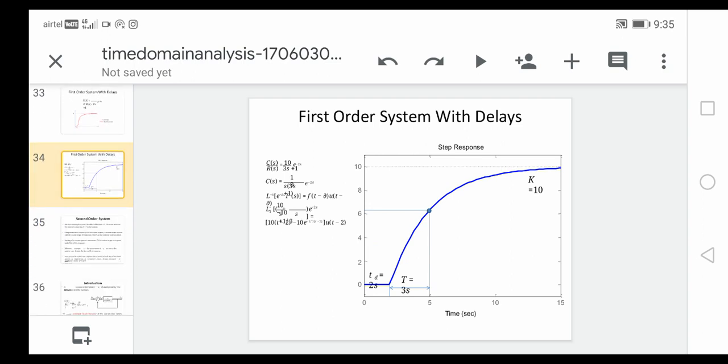That is the very simple first order system. First order system is nothing but C of s by R of s equal to k divided by Ts plus 1. That is the standard form, where k is the gain and T is the time constant.